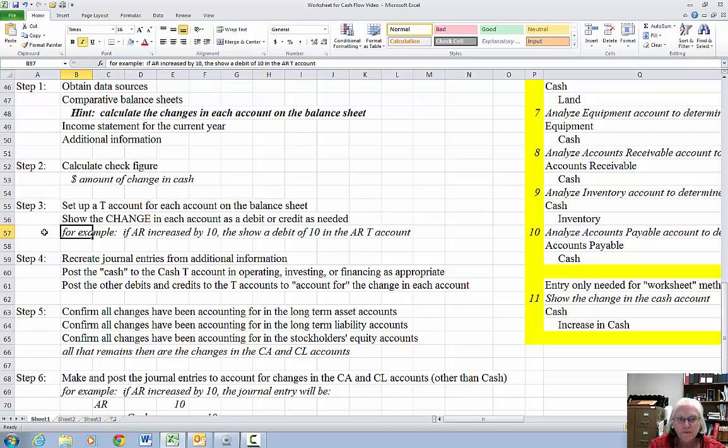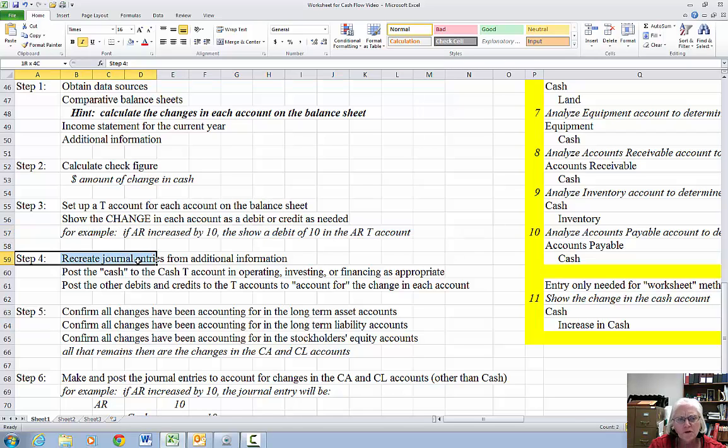For example, if accounts receivable increased by $10 during the year, then we're going to show a debit of $10 in the accounts receivable T account on the debit side. And we're just going to simply explain why accounts receivable went up $10. And you do that for every account on the balance sheet.